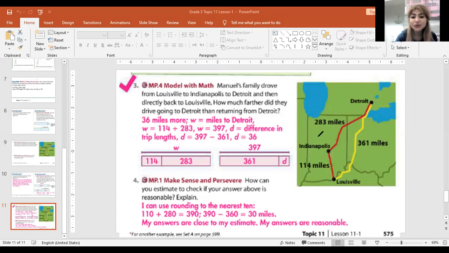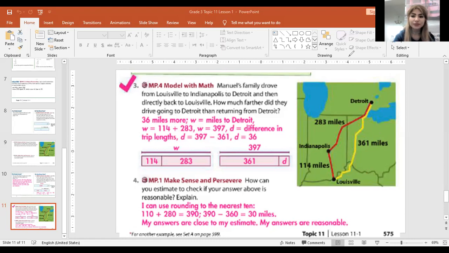The difference will be 397 minus 361. It will be 36. And by bar diagram, I'm going to add these two numbers to get W. Then I'm going to subtract 361 from this 397 to get the answer.